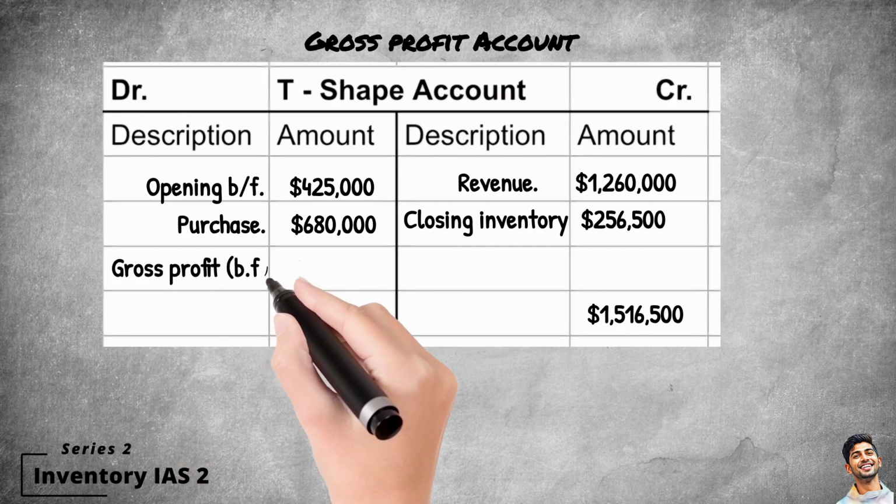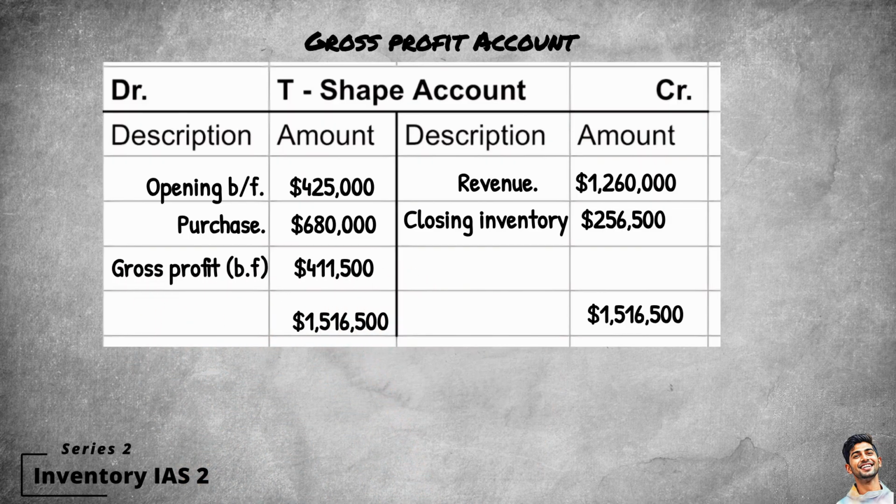The difference is called a balancing figure, which is the gross profit. Practice more questions from the reference books.